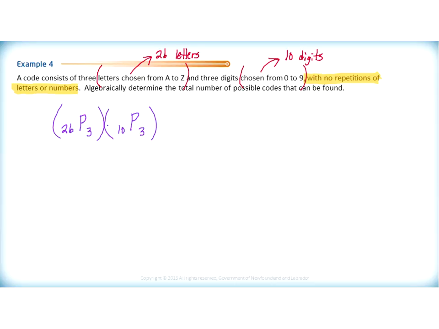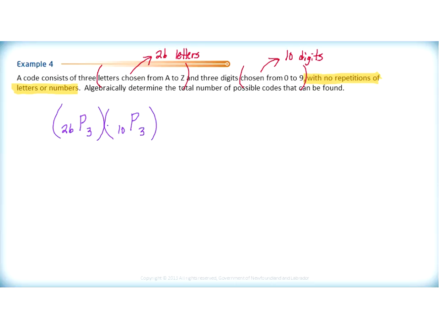Press Enter, and the total number of permutations is 15,600. As well, we will multiply that by the number of permutations. We have 10, and we will permute 3 out of those 10. And then you will have a total of 11,232,000 different possible codes.